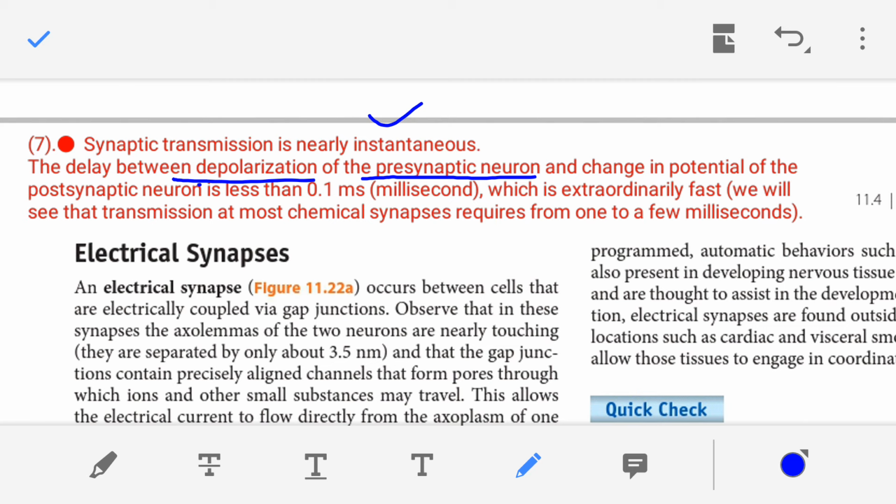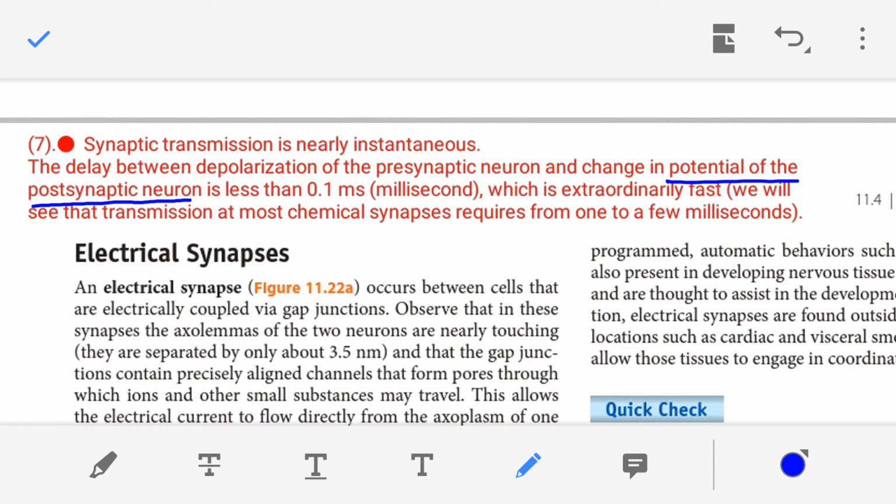Then the wave of depolarization finally reaches the synaptic end bulb of the presynaptic neuron, and then some chemical changes happen in the synaptic cleft, and due to these chemical changes the neurotransmitters are released, so now the potential of the postsynaptic neuron changes.